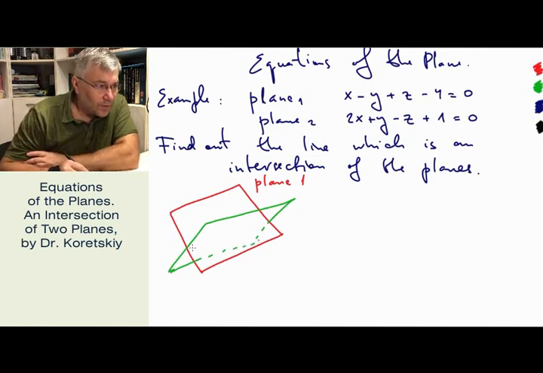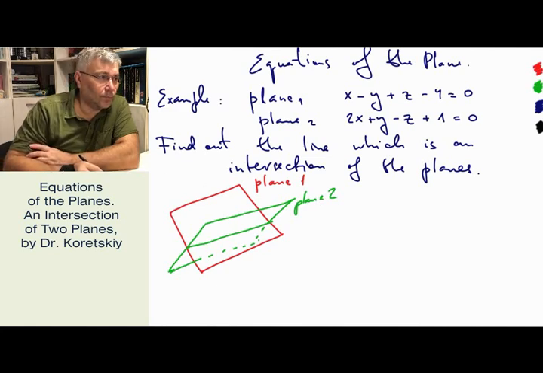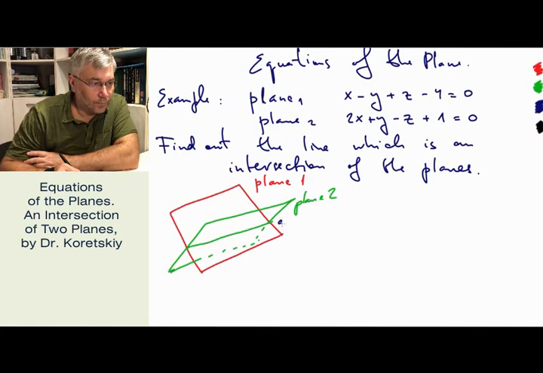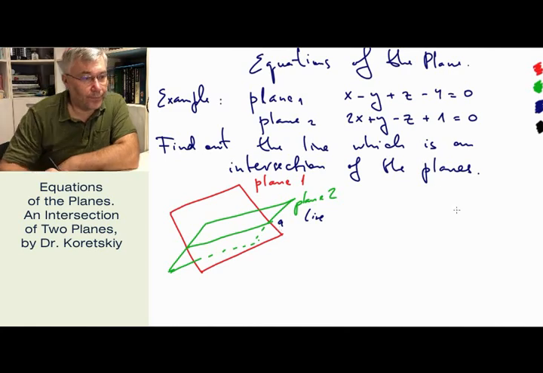And their intersection, it's clear that it is a straight line. So here we have plane 2, and here we have a line, which is the result of the intersection of these planes. And we have to know the equation of the straight line.